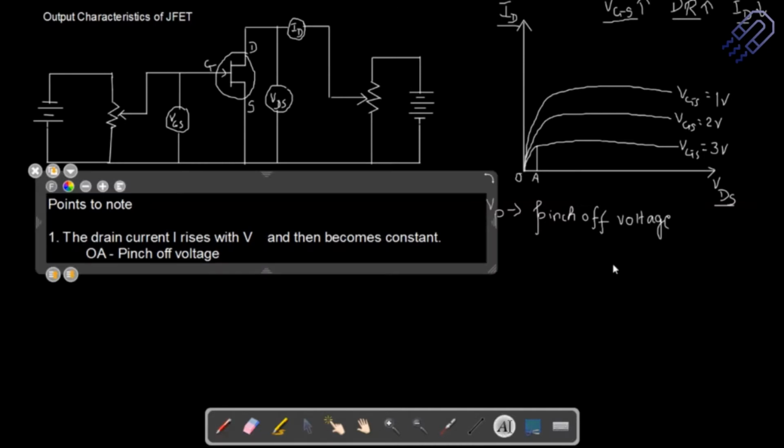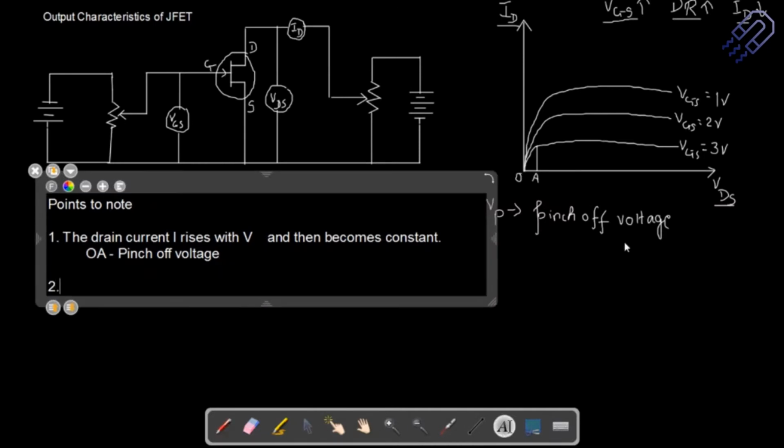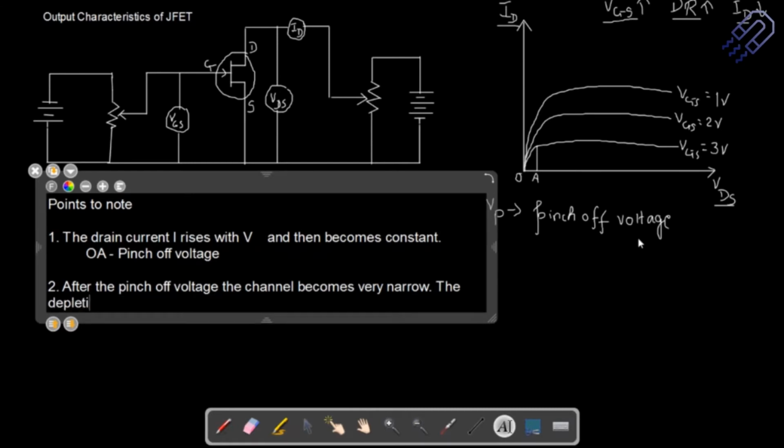One more point to note is that after the pinch off voltage, the channel becomes very narrow, and the depletion regions almost touch each other.